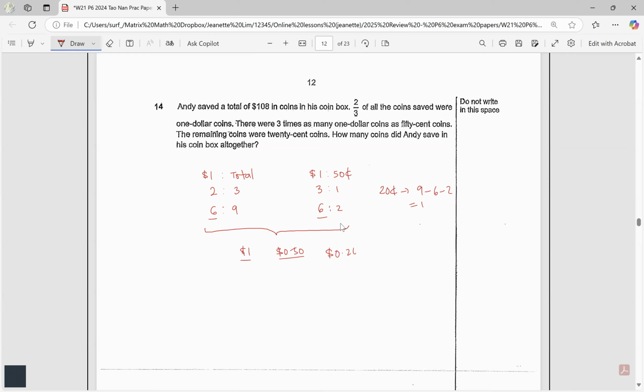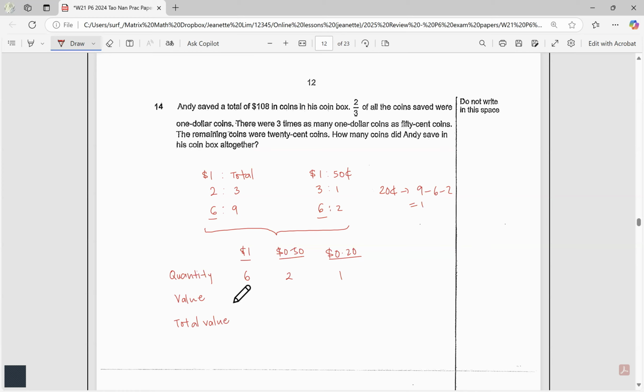Okay, I'm going to do this, which is what we call the quantity value table. So I have quantity, value, and total value. Now this is a grouping type of question. So in one group, I have 6 $1 coins and 2 50-cent coins and 1 20-cent coin, all from the ratio above.